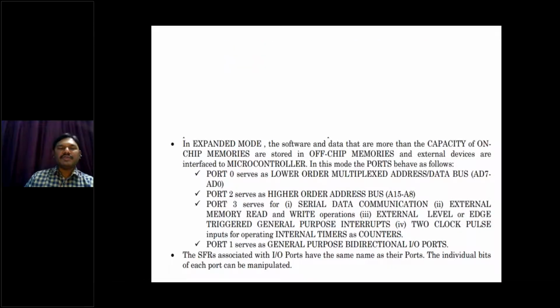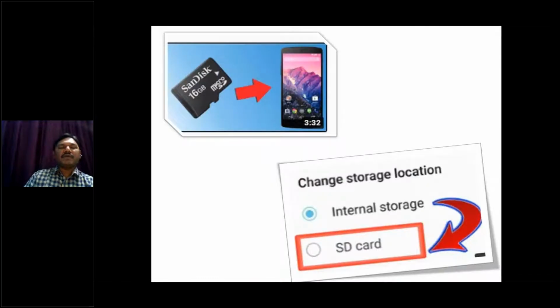Now, for example, this is the mobile phone we are using nowadays, smartphones. These smartphones today have internal storage memory, and we also keep externally available memory cards. Why are we keeping these memory cards?